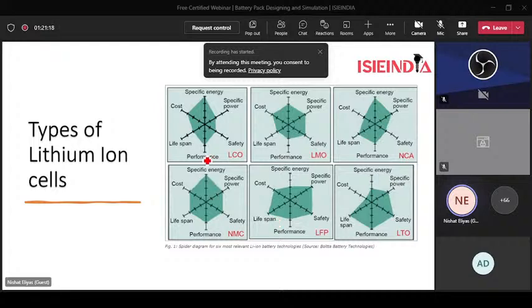These are some of the parameters on which the chemistries are differentiated.